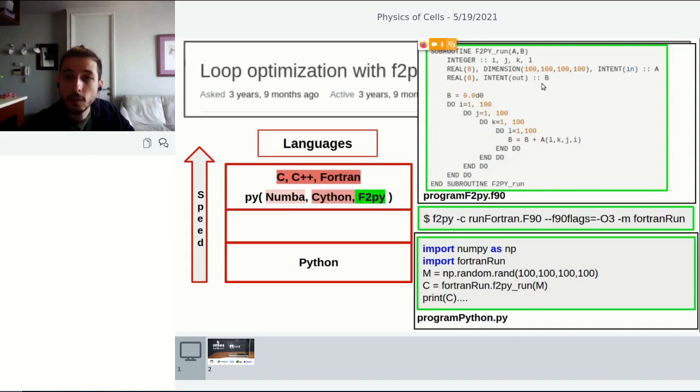So M would be A here, and B would be the output that you want, the sum of M. You don't have to pass these arguments because the wrapper that is connecting Python to the F2py module, to the Fortran module, knows that the output that you set here will be the second argument.